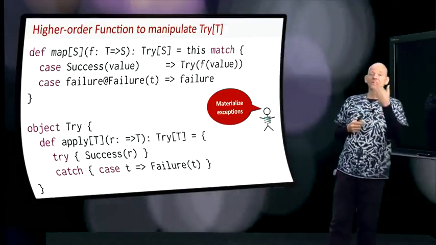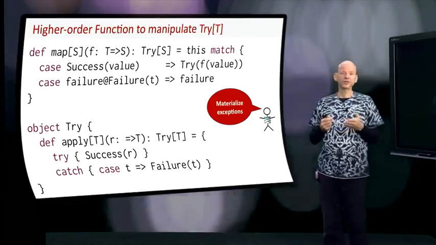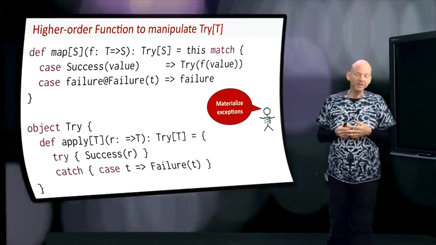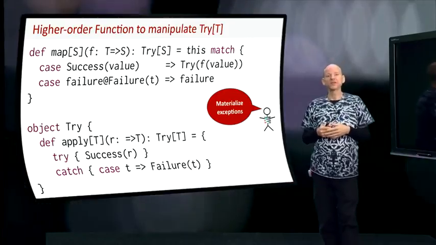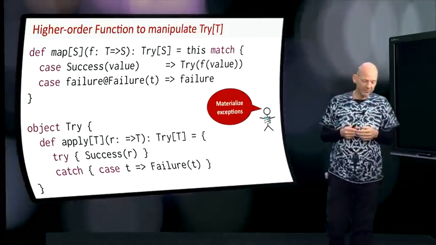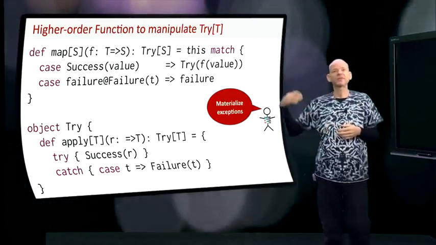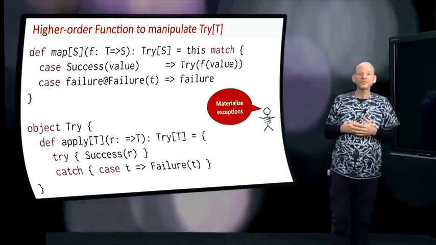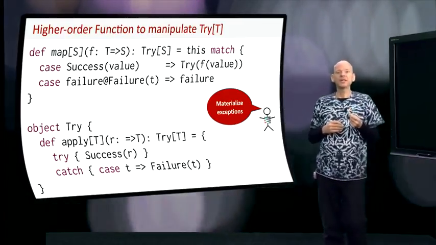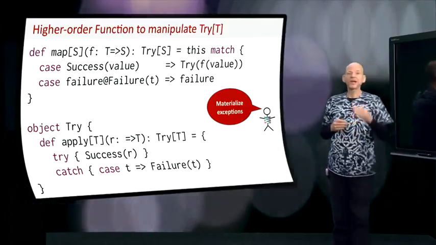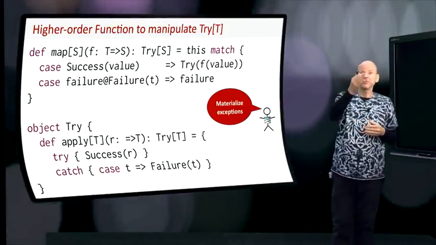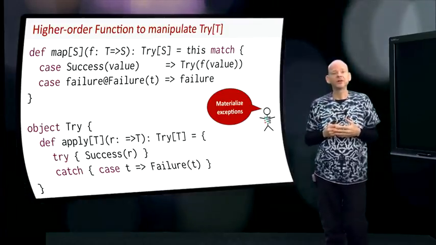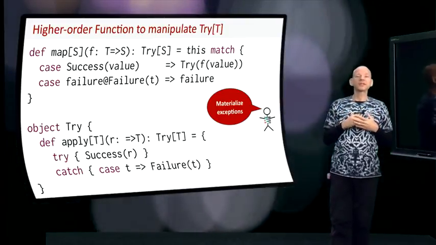Now let's look at a couple of these higher order functions that are defined on Try of t and see if we can define them ourselves. Here's map. Map takes a function from t to s and returns a Try of s. And we have to be a little bit careful here because when we get a value of this, we have to check whether it was Success.